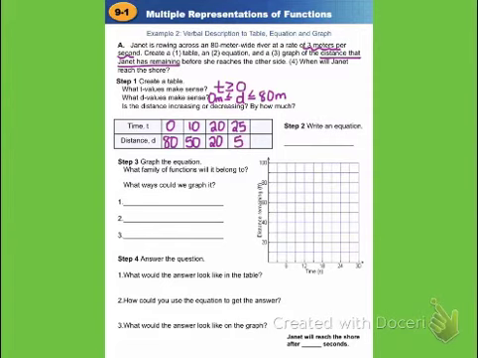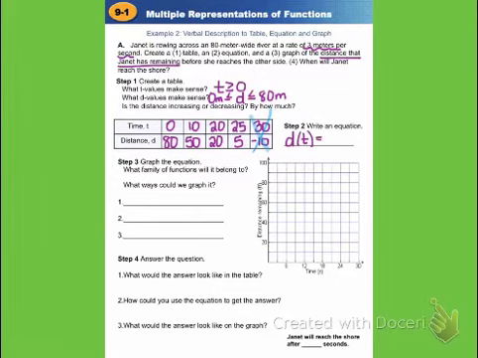And then what about 30? Well, if I put 30 in, 30 times 3 is 90, so that would actually be negative 10. That one doesn't really make sense for our situation because she would already be to the other side. Now, what about an equation? If we wanted to write this in function notation, we'd be writing the distance as a function of time.